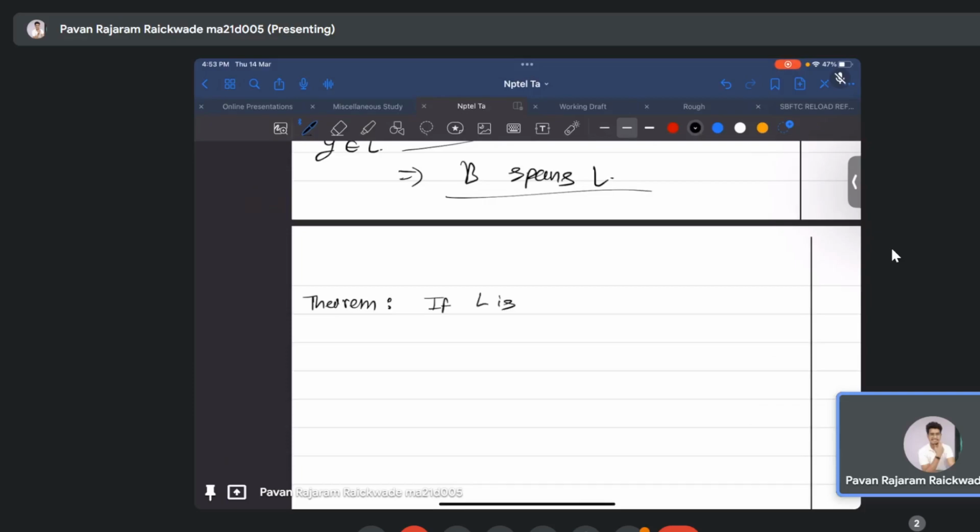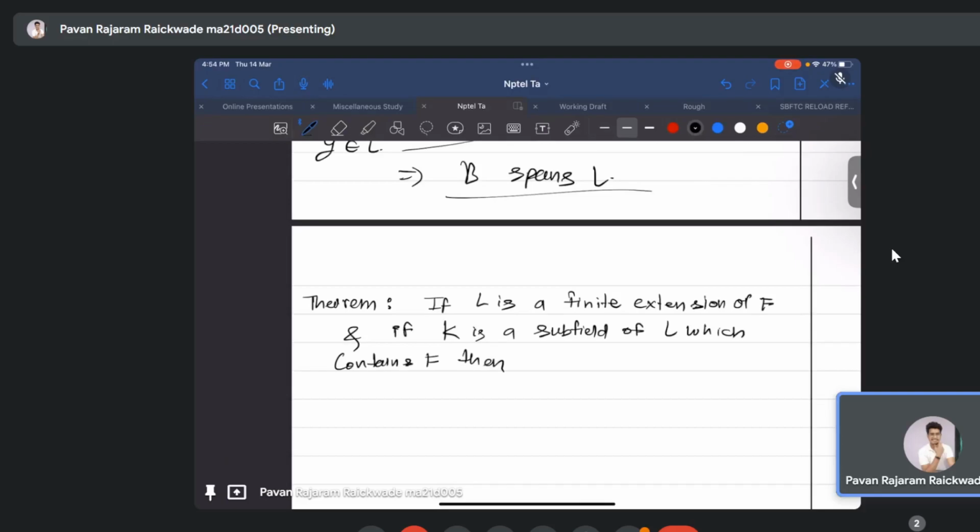If L is a finite extension of F, and if K is a subfield of L which contains F, then the dimension of K over F divides the dimension of L over F. So this is like L you have, F you have.